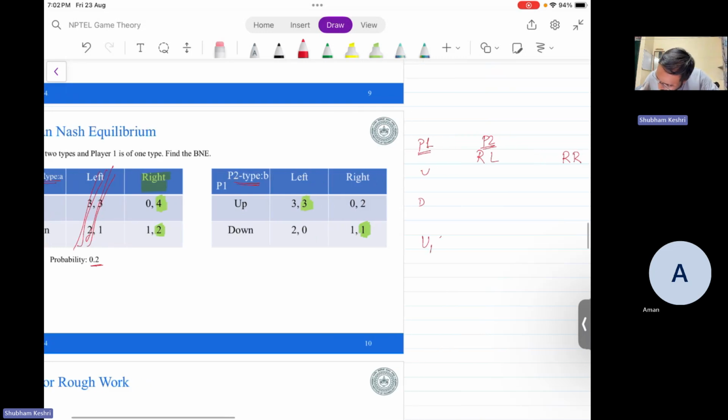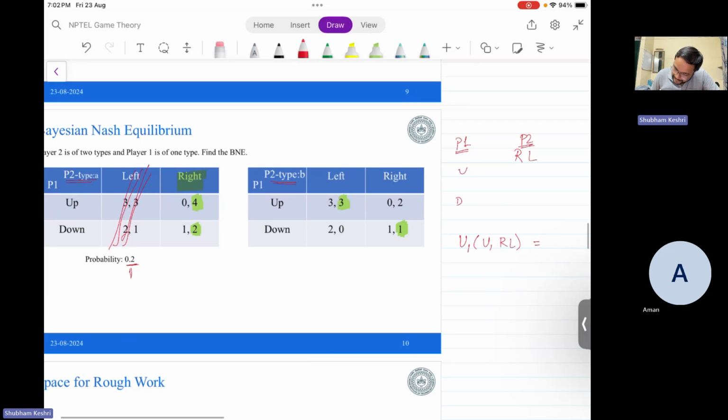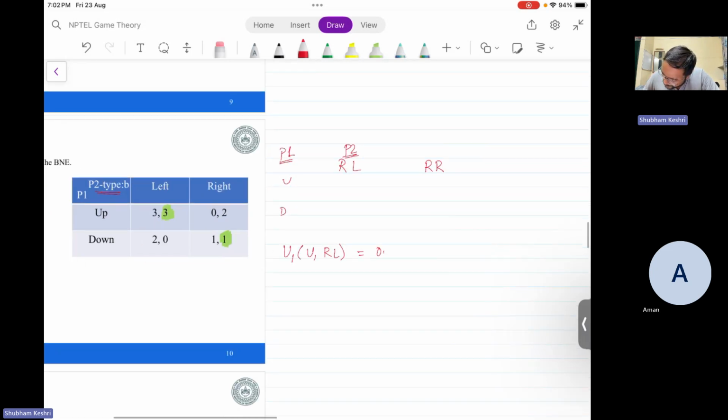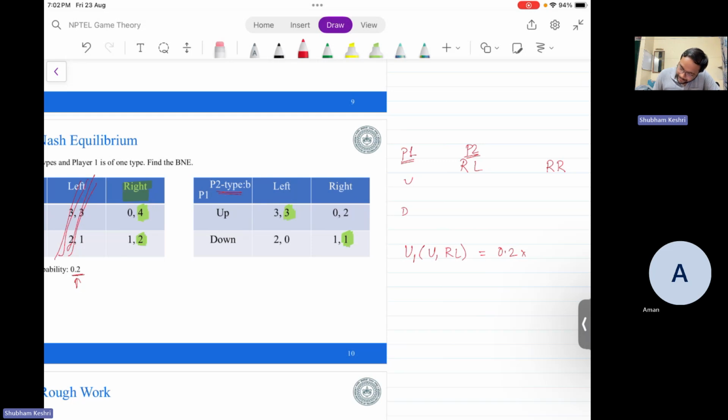The utility of player 1 when he is playing up and the other player is playing right-left will become, so the probability is given, which is 0.2. So it will be 0.2 times the utility. When he is in type A, the utility is actually 0.